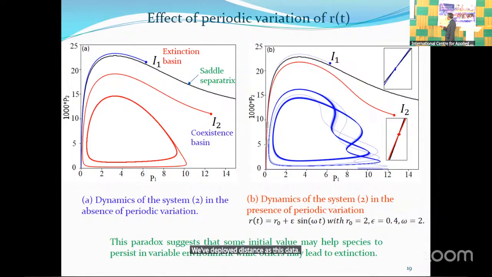On the contrary, the red trajectory starting from I2, which was supposed to make this limit cycle in the absence of periodicity, crosses the separatrix and reaches extinction. So there is an exchange of attraction between some trajectories. So you can find the probability of such exchange of stability.